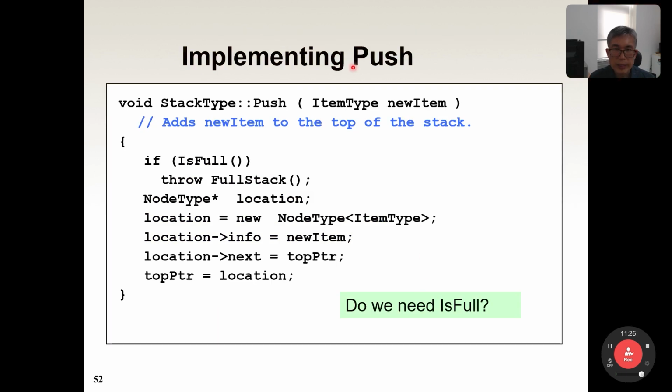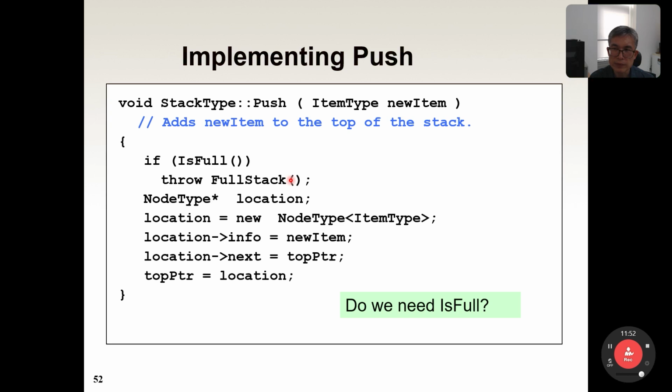So implementing push, stack type push new item onto the top of the stack. So we can check whether it is full or not. In the full case we handle the full stack, label this true, and we can catch and handle this full error. So in the linked list case, actually we can handle it by creating a new one, and then we delete.